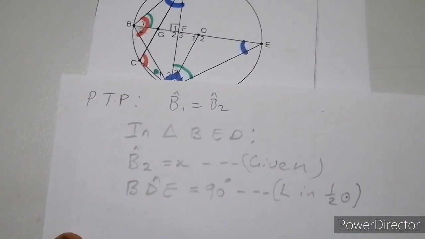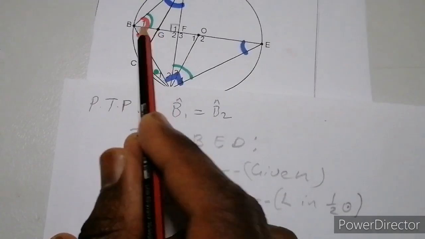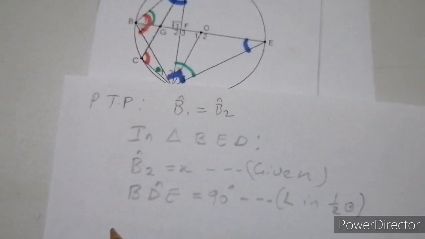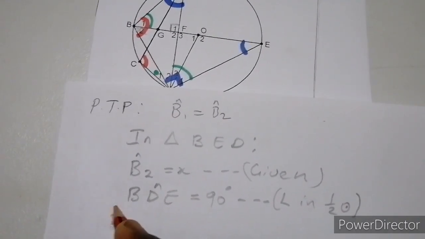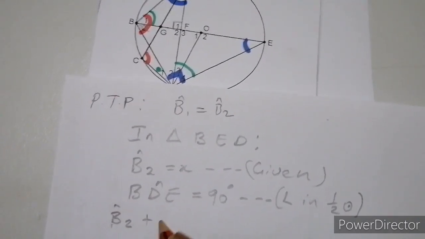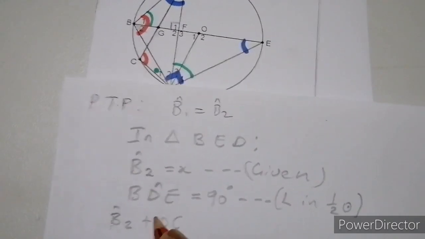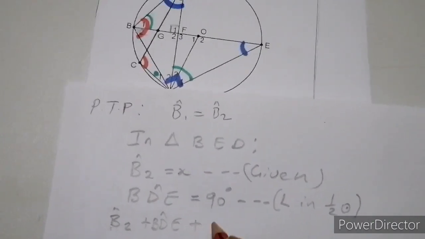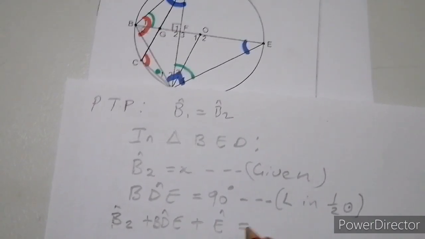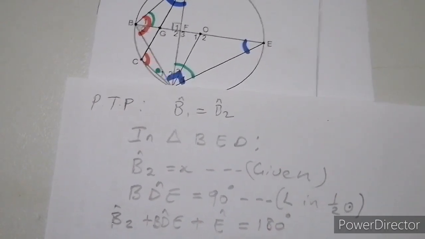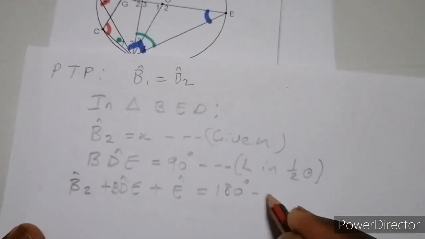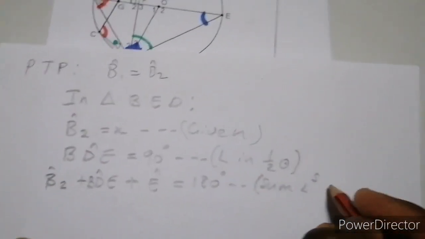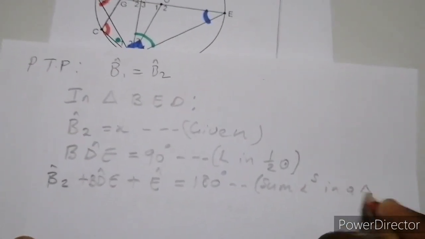Angle in a semicircle. Right, then from there we can use sum of angles of a triangle. In that triangle, angle B2 plus angle BDE plus angle E equal to 180 degrees. The reason is sum of angles in a triangle.